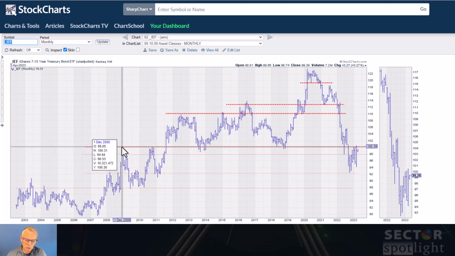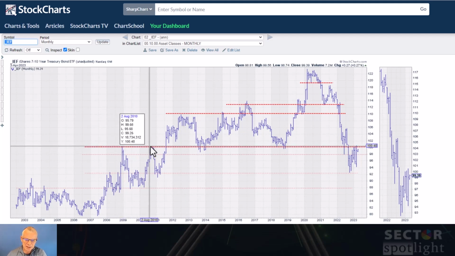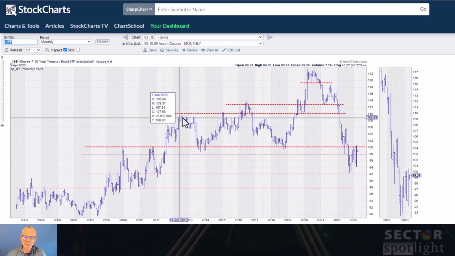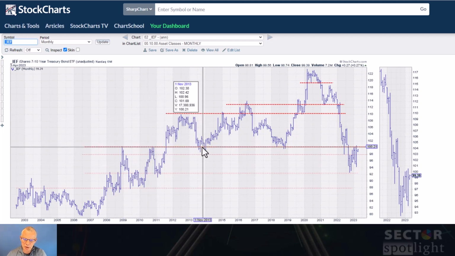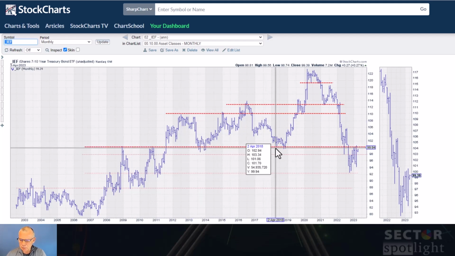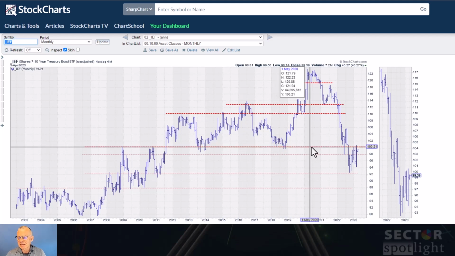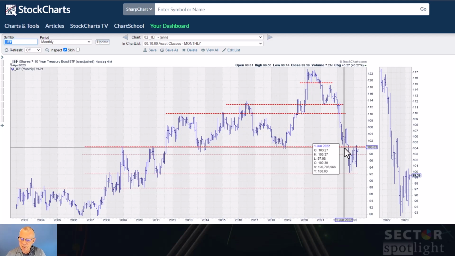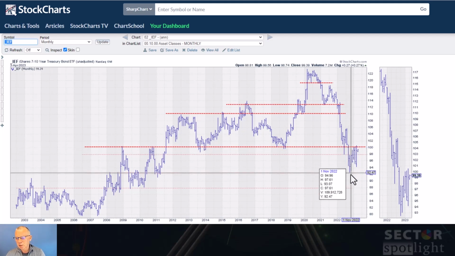There were two very important highs, resistance levels, in 2008 and 2010 that we went above, and then we had some major lows in 2018 and 2019, and we hovered above it slightly in 2022, and then we broke it at the end of 2022.